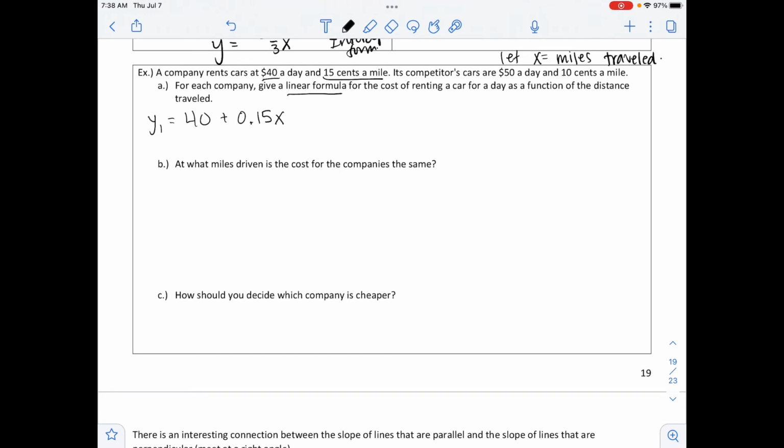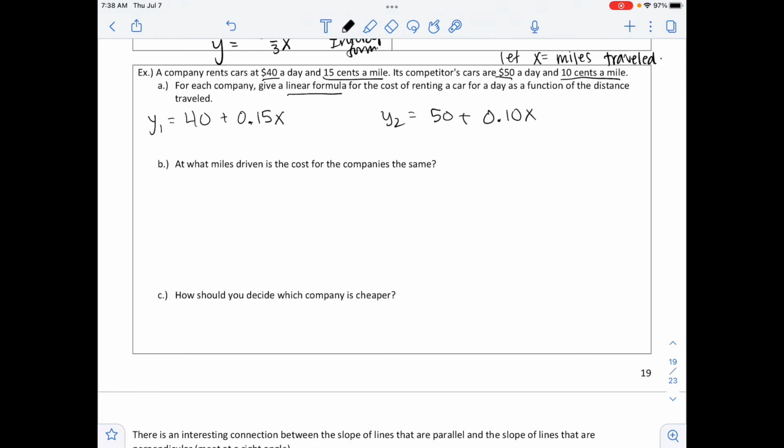And again, it's 0.15 because we are dealing with cents for that, compared to the 40, which is in dollars. The second company that we have is $50 a day plus the 10 cents for miles traveled. So we'll have 0.10 times x.